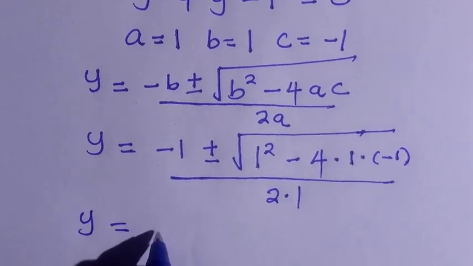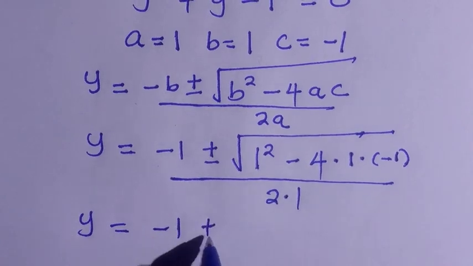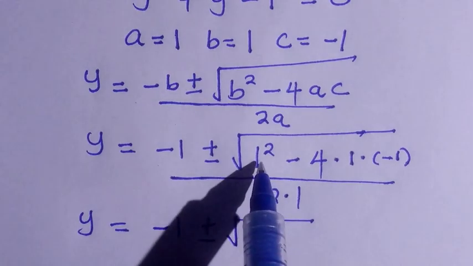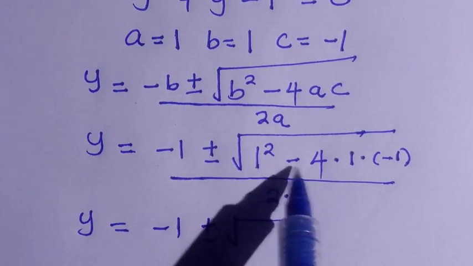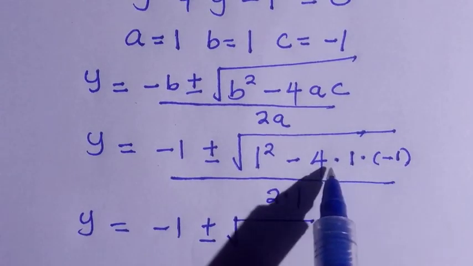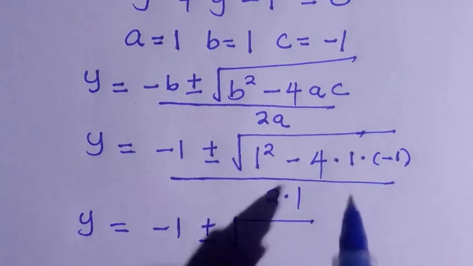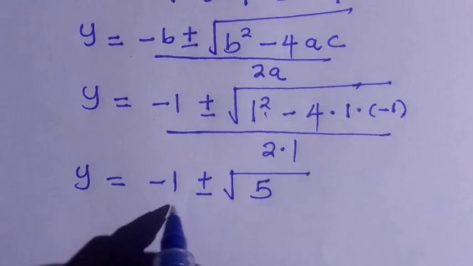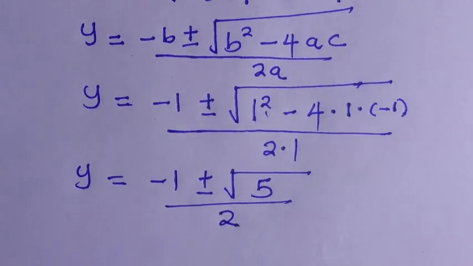Then we have y equals -1 plus or minus square root. Here is 1 square, which is 1. Minus multiplied by minus is plus, and 4 multiplied by the whole of this, we have 4, that is 1 plus 4 equals 5, divided by 2.